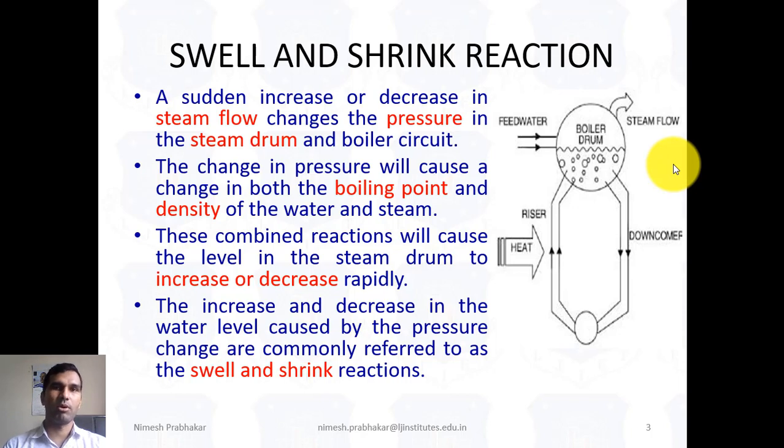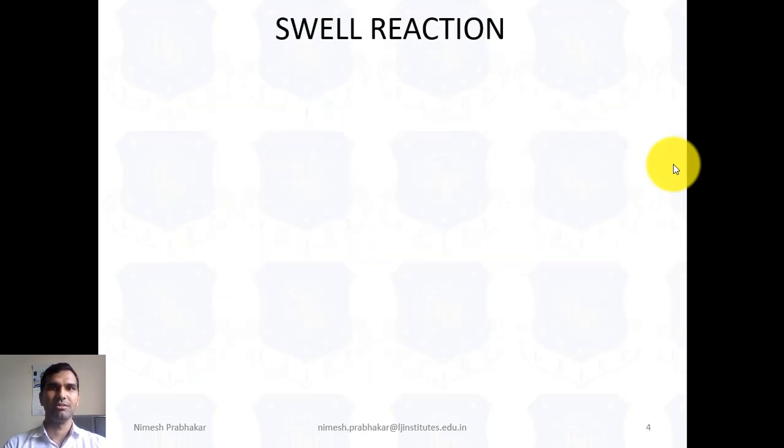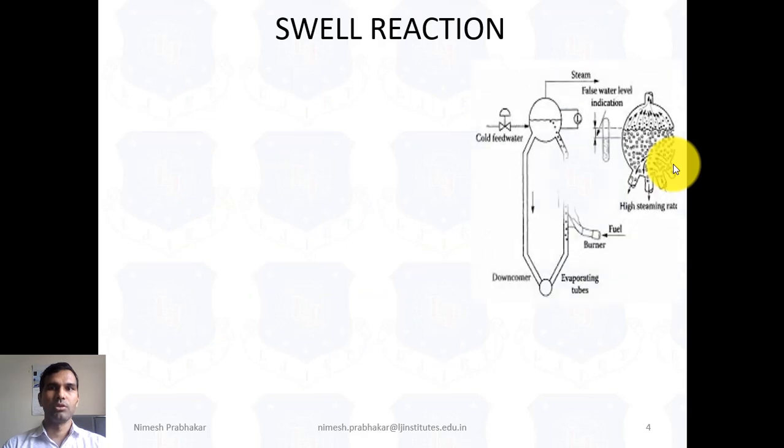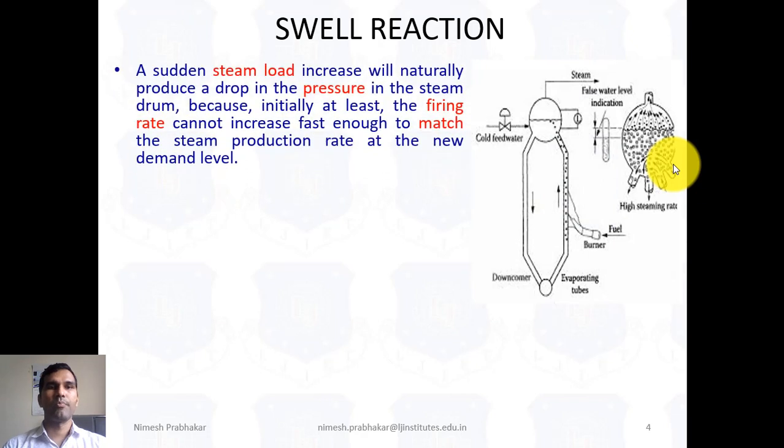Now we understand one by one. First of all, we understand the swell reaction. Here we take the same figure. A sudden steam load increase will naturally produce a drop in pressure in the steam drum, because initially at least the firing rate cannot increase fast enough to match the steam production rate at the new drum demand level.